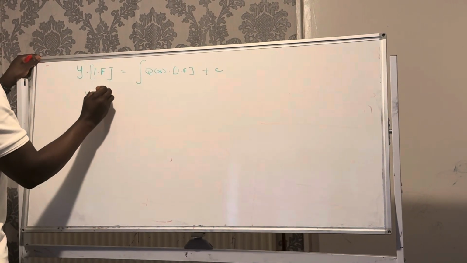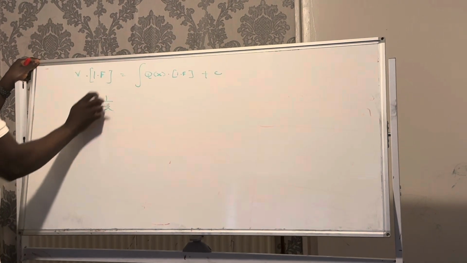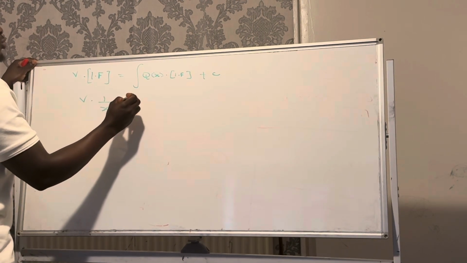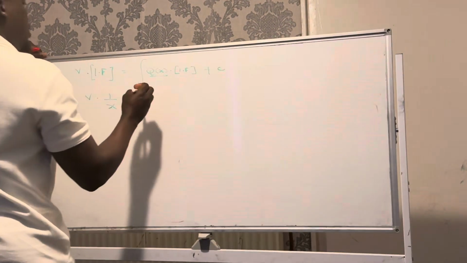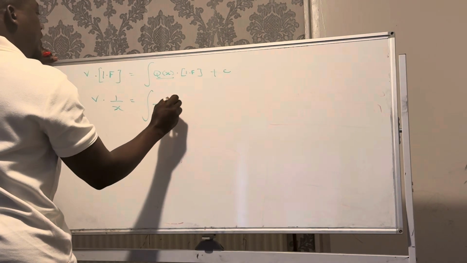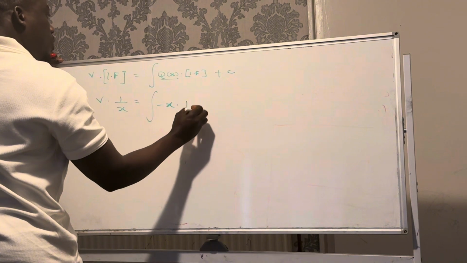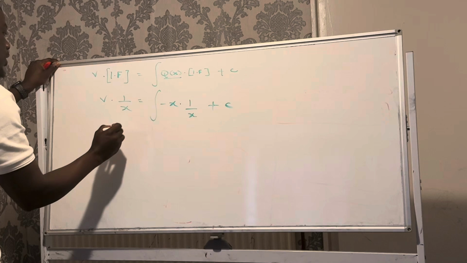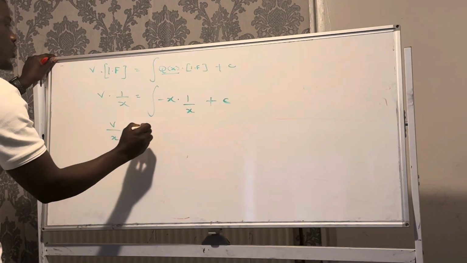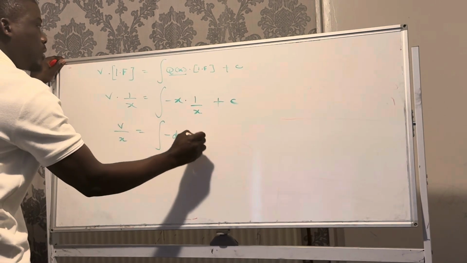In this case it will be v, because we've denoted the value to be v. So v over s will be equal to the integral of q of s, which is minus s, times the integrating factor 1 over s, all plus c.